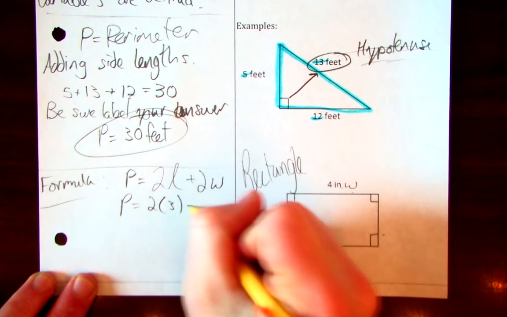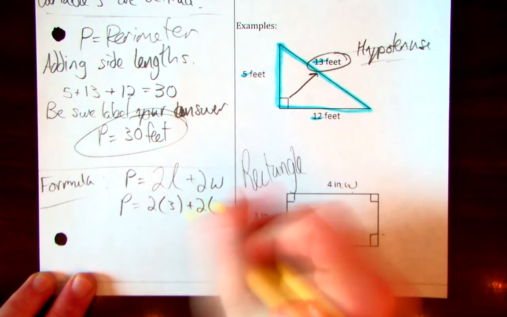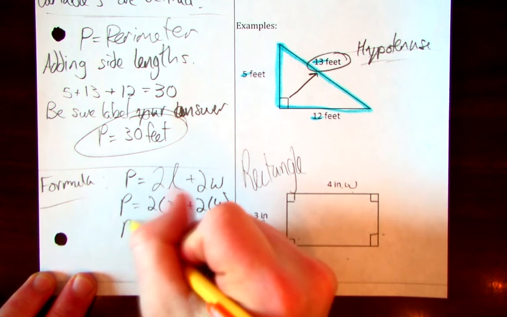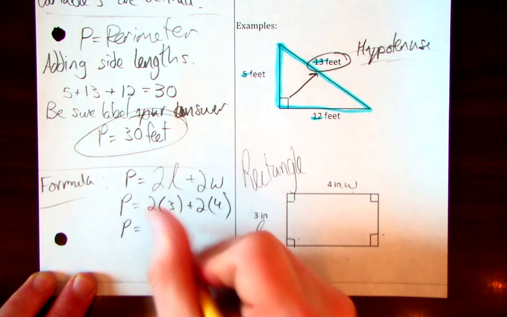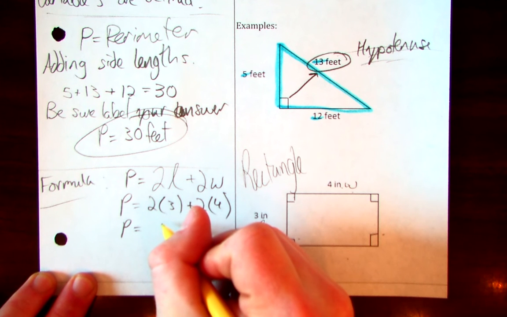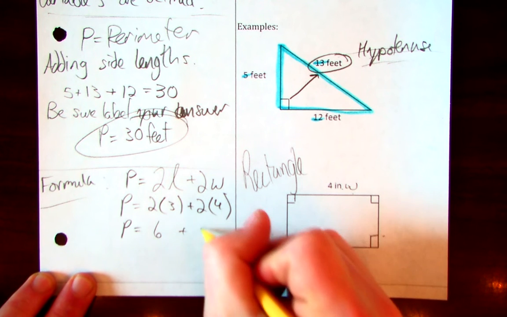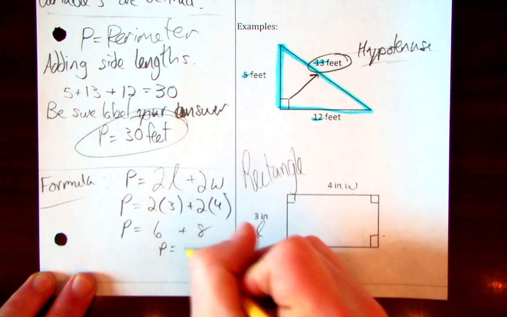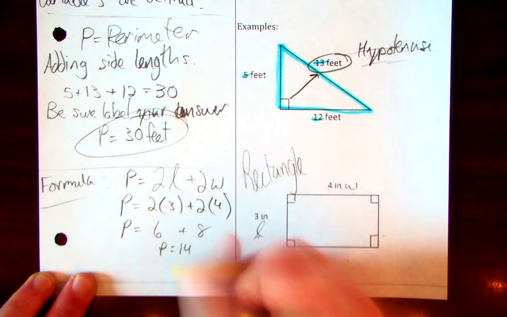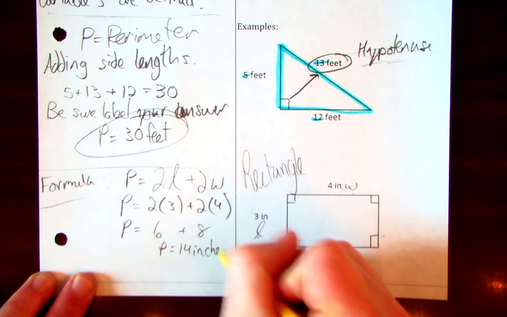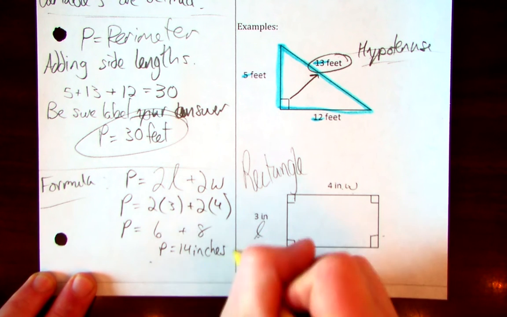L is 3, and then 2 times 4. Again, just like we've done before, we have 6, and then we have 8. Perimeter equals 14, and then inches. So that's one way of doing it.